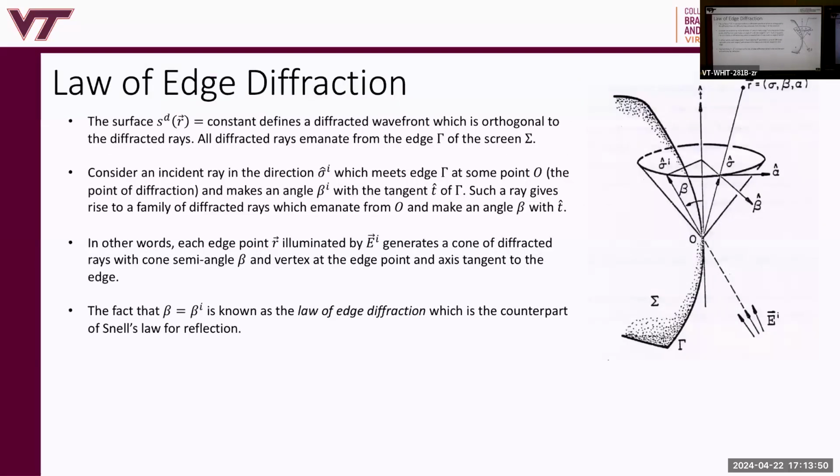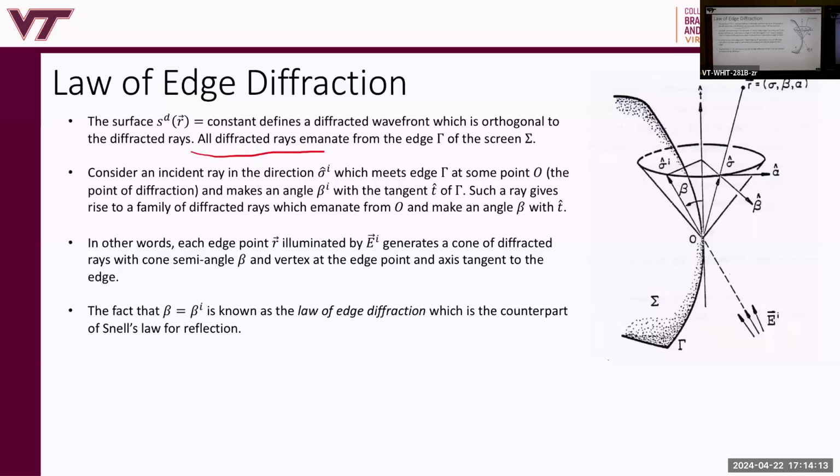Okay, let's see the law of edge diffraction. The surface S diffracted equals a constant. Remember, this is a phase function for the diffracted field. It equal to a constant defines a diffracted field wavefront, which is orthogonal to the diffracted rays. Here's a diffracted ray. There's a wavefront orthogonal to it. Here's a diffracted ray, a diffracted wavefront orthogonal to it.